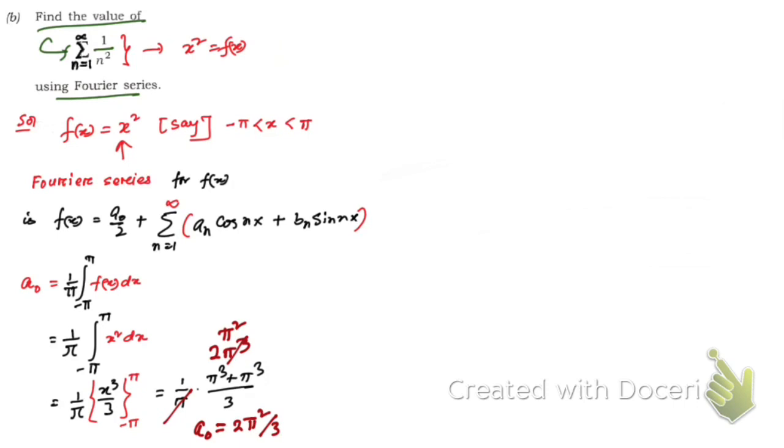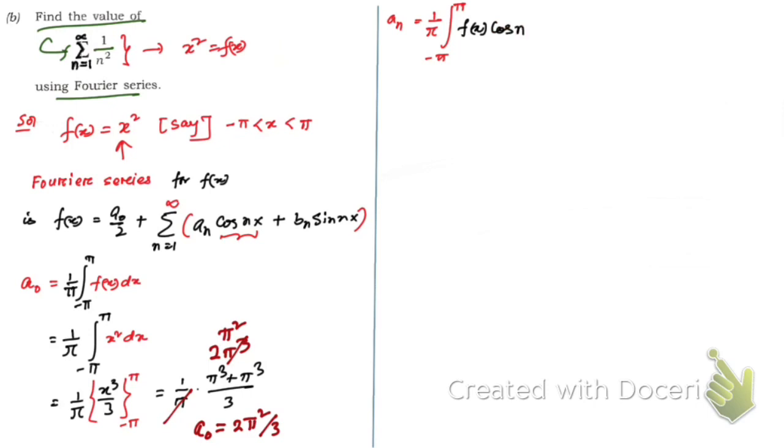So now let's evaluate the value of a n. That will be given by 1 by pi integration from minus pi to plus pi of f of x times cos nx dx.